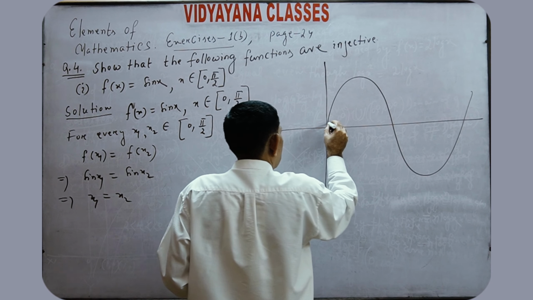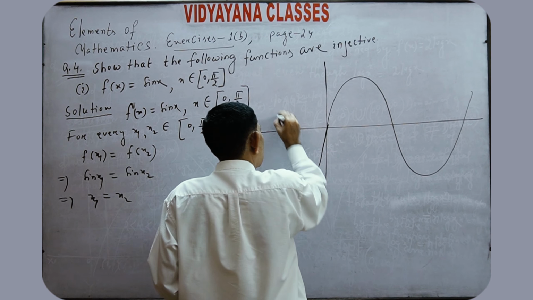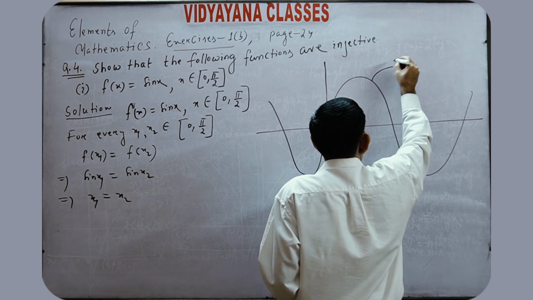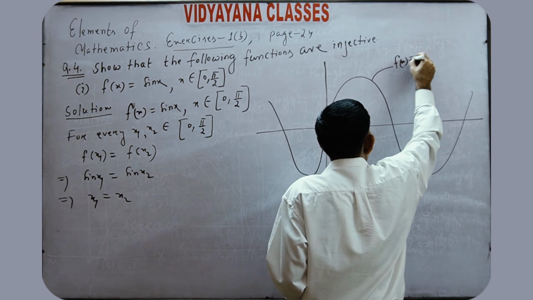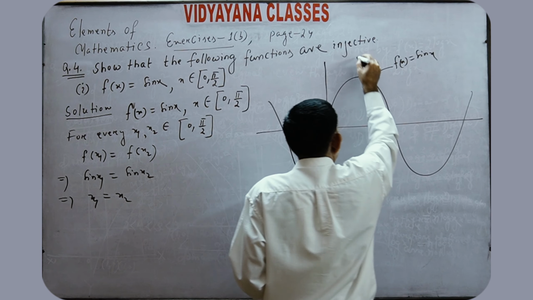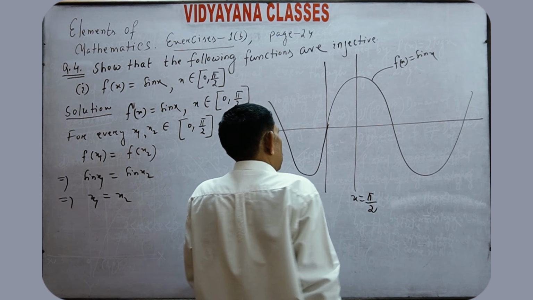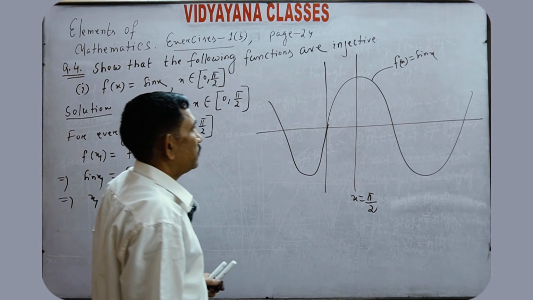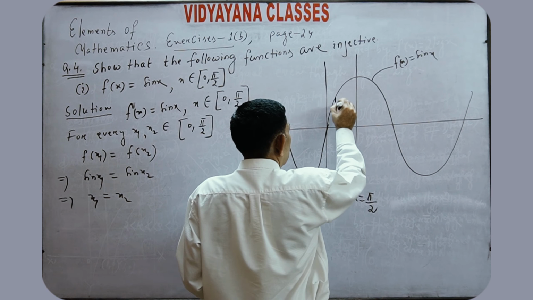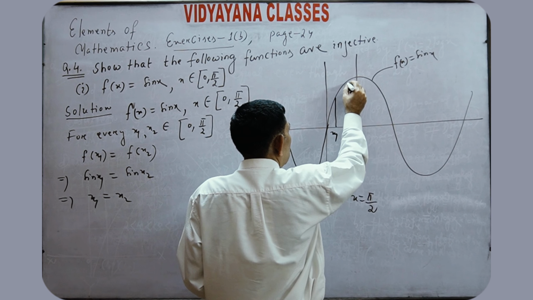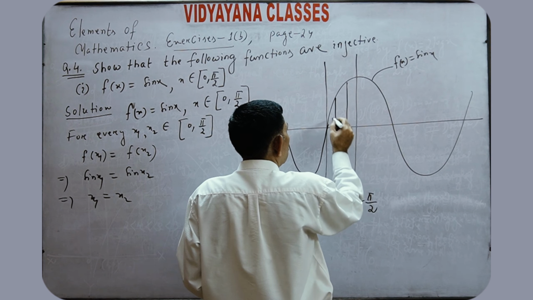It is the graph of f(x) is equal to sin x. It is the line x equal to pi by 2. It is x1, it is x2.